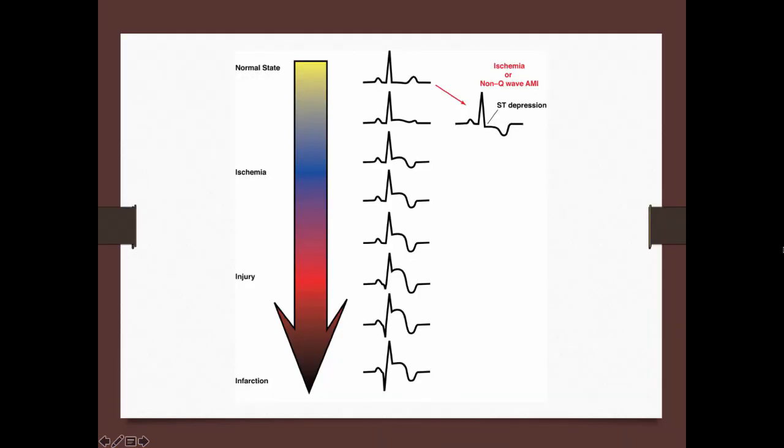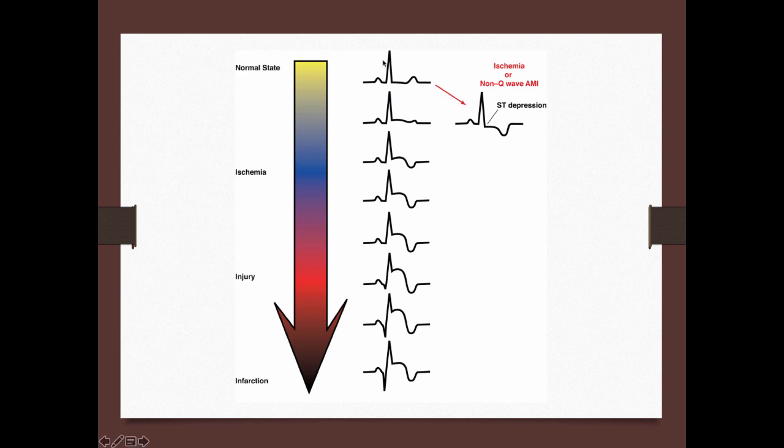What does this all look like on our 12 lead? Well, we start with our normal state. We go down into ischemia as supply does not equal demand, and then into injury as the supply-demand mismatch worsens, and then into infarction where we have irreversible cell death.